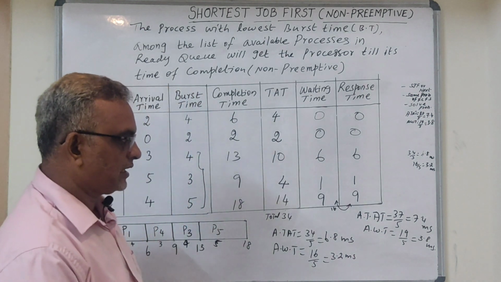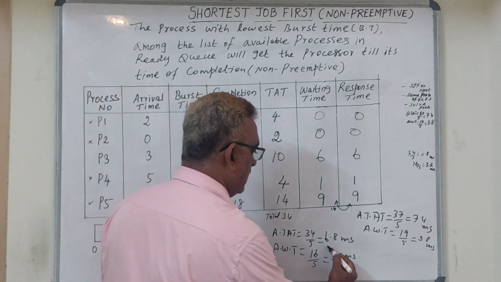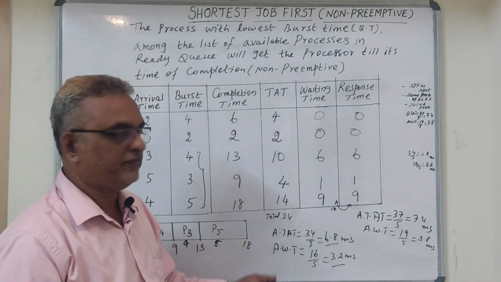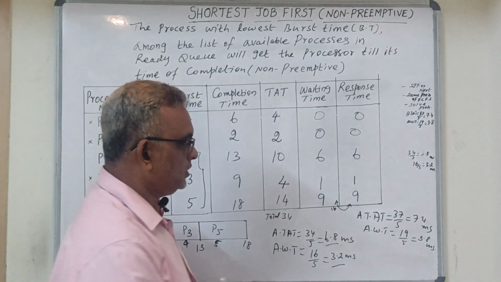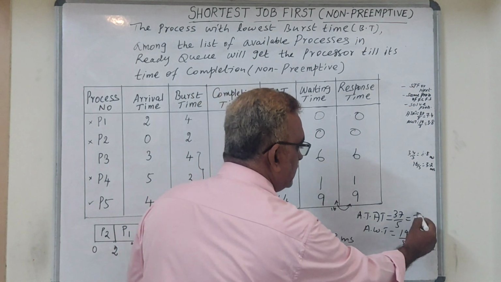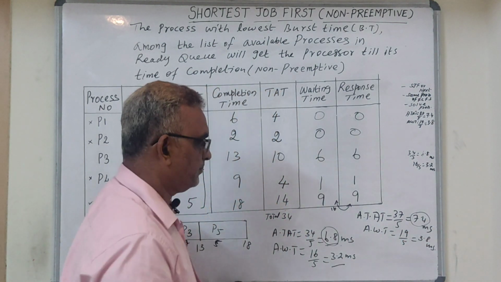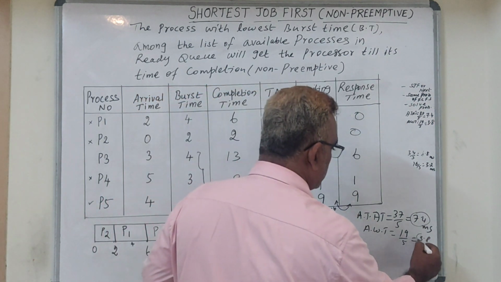Now you can compare the average turnaround time and average waiting time of SJF with first come first serve. It was 7.4, now it is reduced to 6.8. Similarly, the waiting time is also reduced.